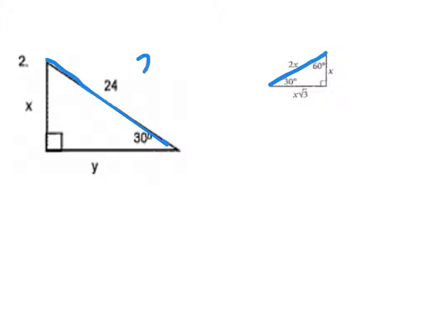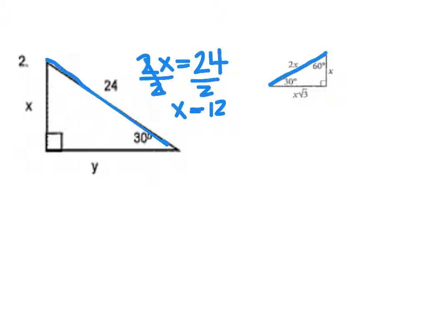So we have 2x is 24. If I divide that by 2, x is 12, and x in the formula is the short side, so the short side must be 12 over here.